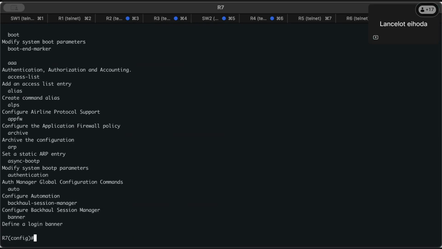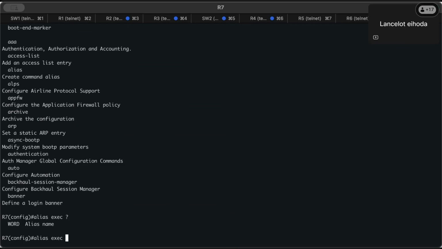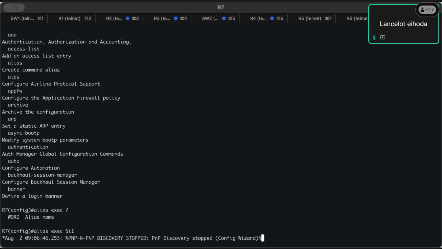So that's about that. Alias, and in the exec mode, I want to do an alias for an exec level command. So what's the word? Show IP interface brief.